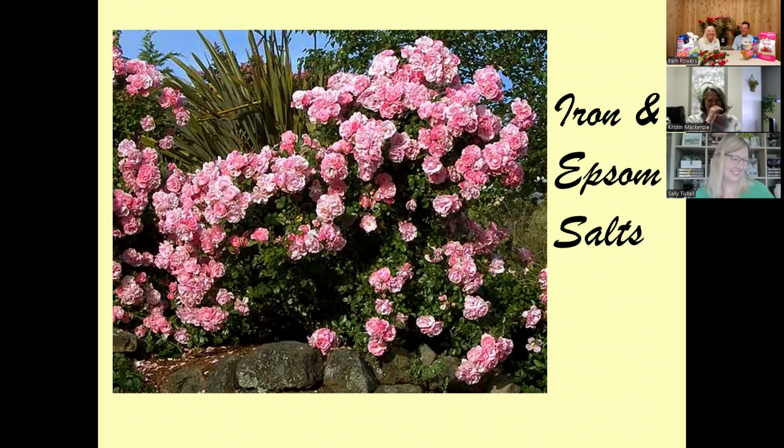Also a little iron and Epsom salts. Now I always look for a soil test before I put down additional nutrients, but I find that towards the end of the summer or after a vigorous blooming cycle, the bush will tell me it's getting a little anemic and needs a tiny bit of iron.